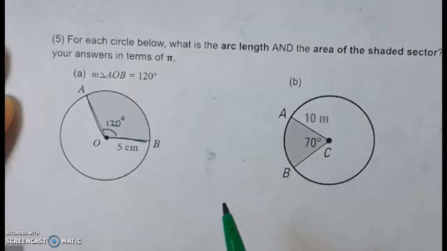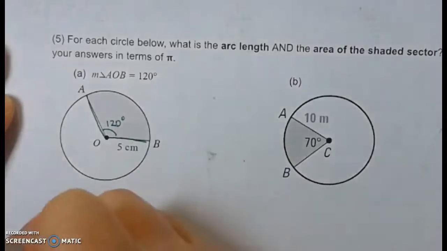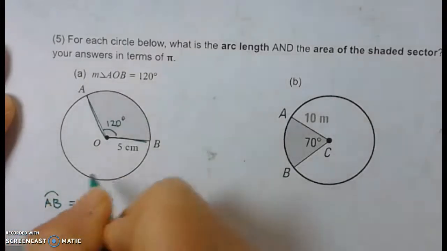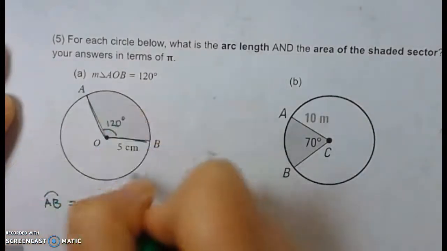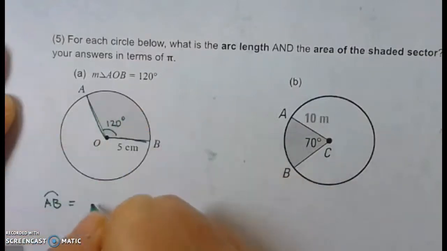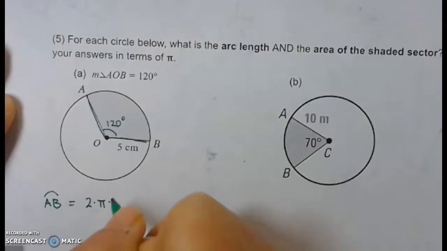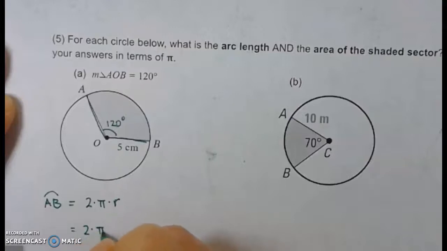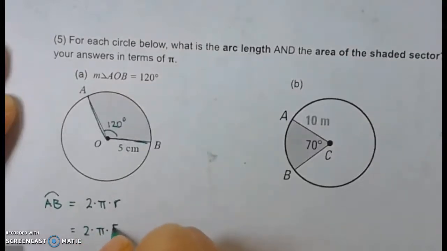Let's start with the arc length. So arc length AB is going to be, what is the full circumference? Full circumference is going to be 2 times pi times radius, and the radius is 5 here.